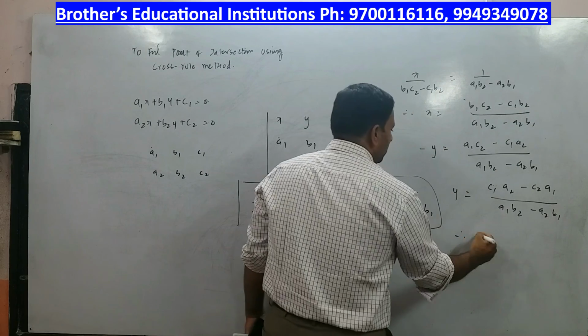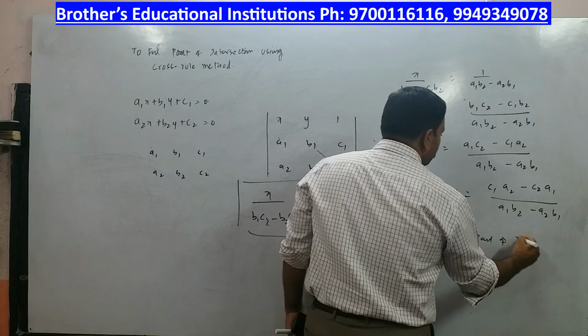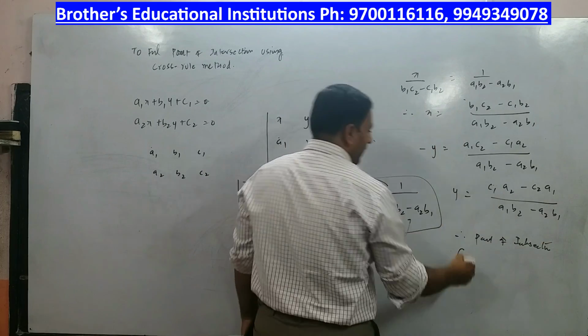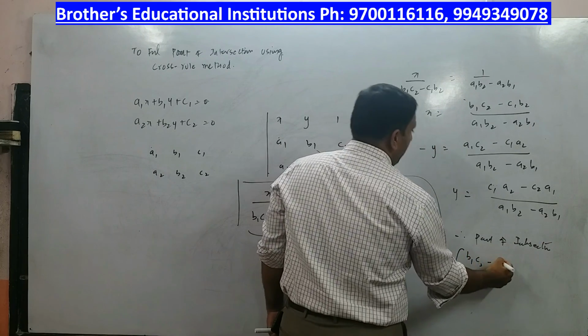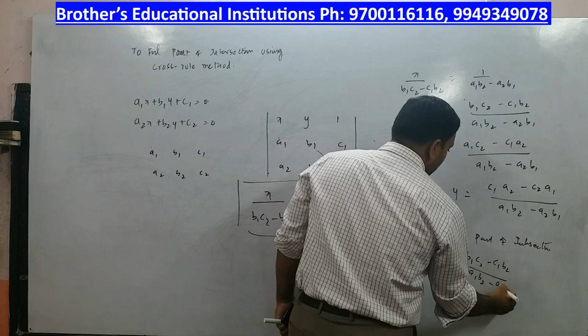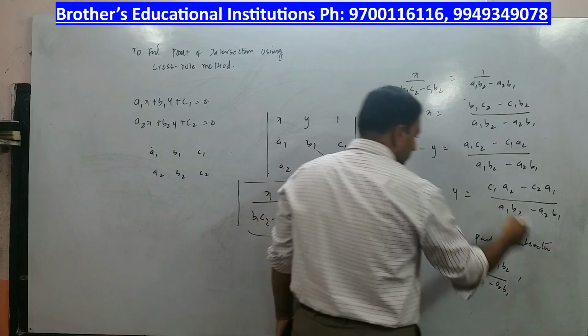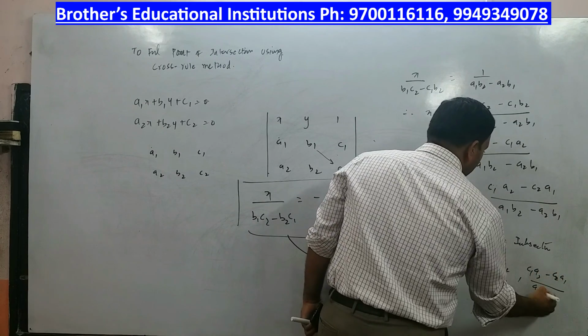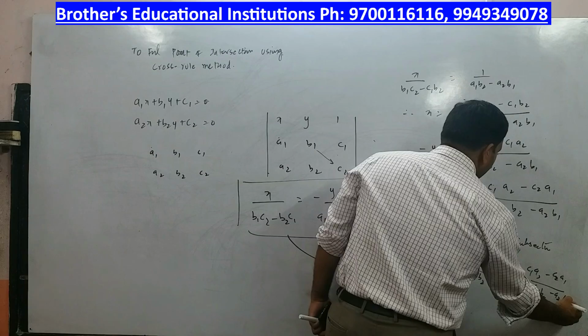So therefore, the point of intersection is b1 c2 minus c1 b2 by a1 b2 minus a2 b1, comma, c1 a2 minus c2 a1 by a1 b2 minus a2 b1, right?